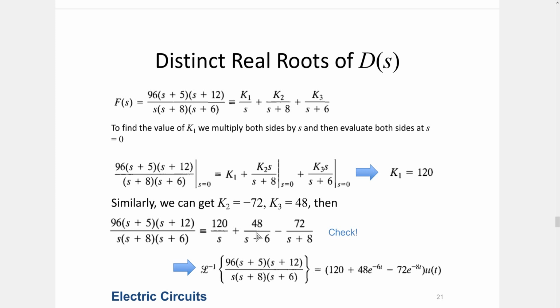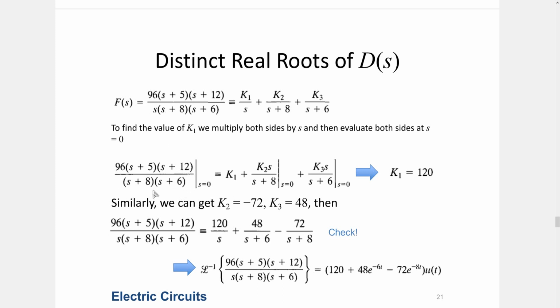Now, in order to find the k1, we can simply multiply both sides by s, and then evaluate both sides at s equals 0. Then k1 will be all alone, and the rest of k2 and k3 will be destroyed because s is 0. This is a nice trick to obtain k1. If I do the math here, I just multiplied both sides with s, so I got rid of this s.